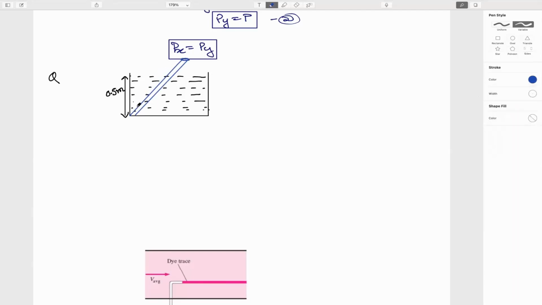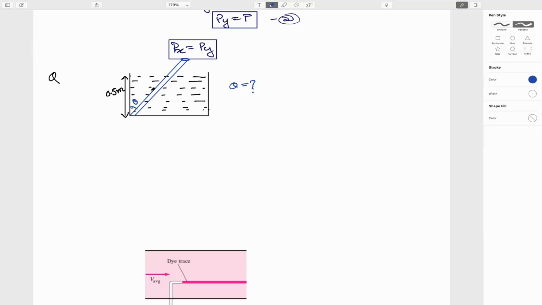So this rod is inclined at an angle theta, and it is balanced by the upthrust. So its weight is balanced. So it is in a balanced position. So the question is, at what angle should it be balanced?